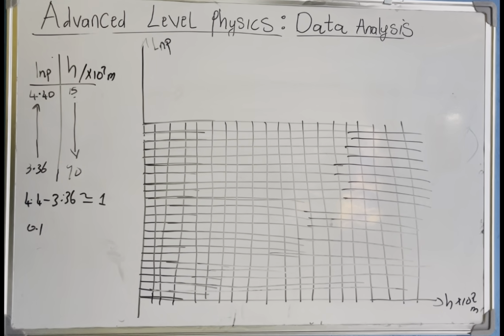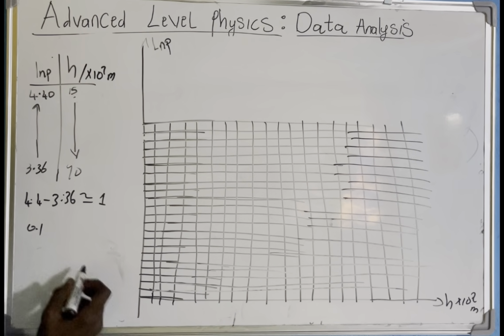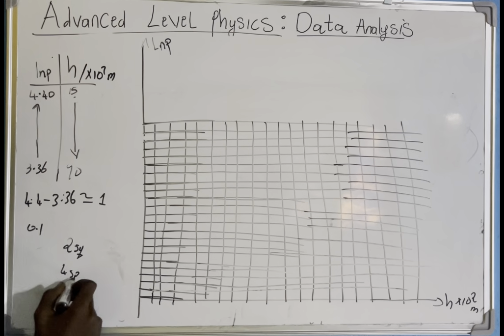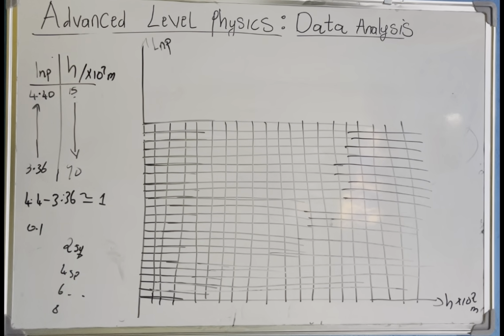I'm having 22 squares. As I said, please try and choose even intervals, like 2 squares. You should take 2 squares, 4 squares, 6 squares, 8 squares, in order to take even intervals, because with odd intervals it will be very difficult for you. It is not a must that you start at 0. Like here, I'm having 3.36.